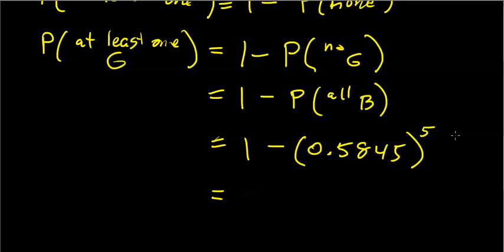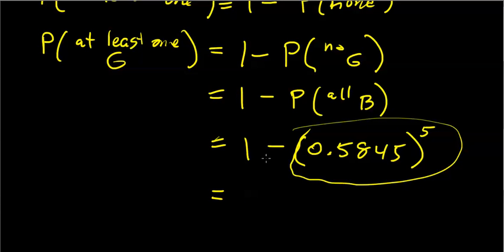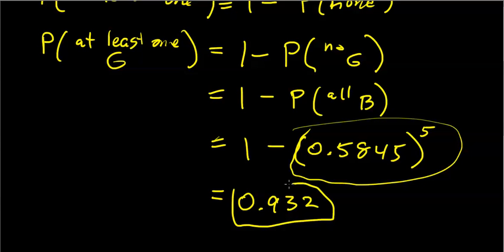So I'll take this quantity, the probability of all boys, subtract it from 1, punch it out on my calculator, and I get 0.932. And that is the probability we seek.